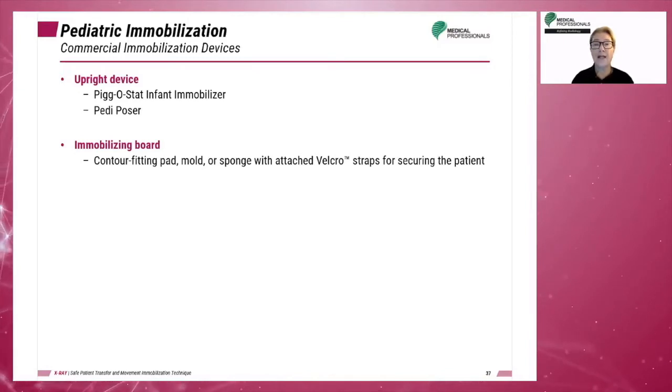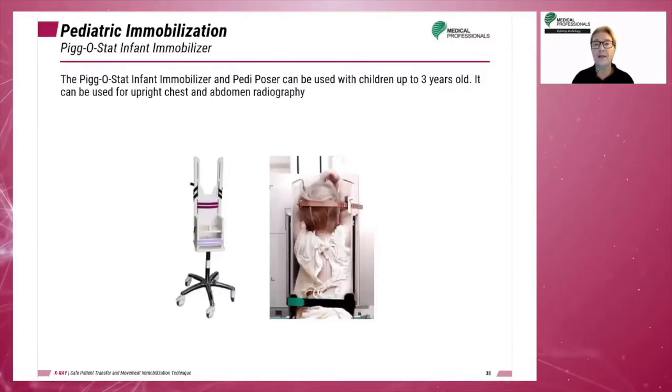This board is a contour fitting support with a pad, mold, or sponge with attached Velcro straps for securing the patient. The Pigistat infant immobilizer and the PD poser can be used on children up to 3 years old. It can be used for upright chest and abdomen radiography.